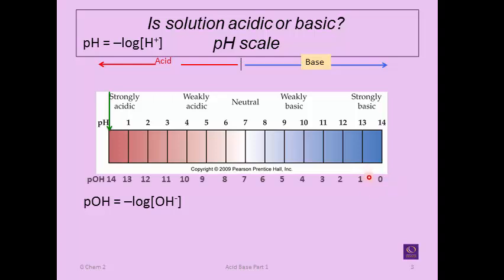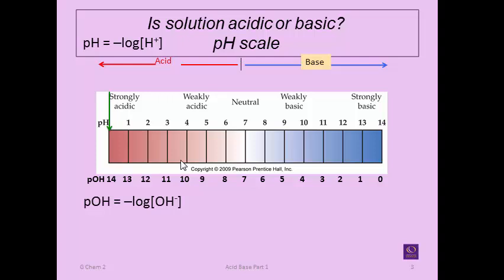So now if you're very basic, you would be at a pOH of a low number, 0. When you're neutral, it's 7. Then when you get up to very high, that means that you have a very low OH concentration. So we'll talk about this more in a bit. Just kind of introduce this H plus concentration and the OH minus concentration.